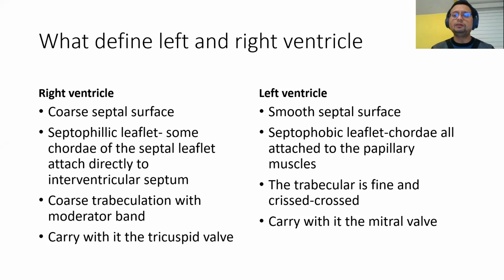So you think to yourself, okay, this leaflet is attached more apically, so this must be the tricuspid valve. If this is the tricuspid valve, it must attach to the right ventricle. So in this particular echocardiogram, we are looking at congenitally corrected transposition of the great arteries, or L-transposition of the great arteries. Okay, anything that you're confused about, please ask me later.